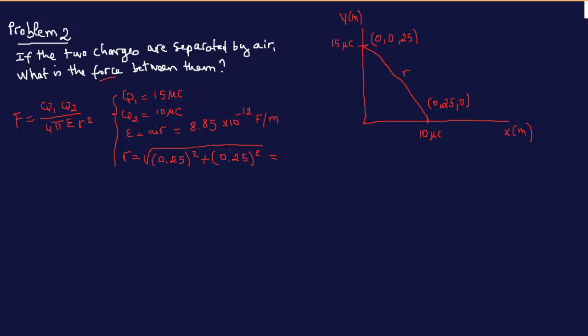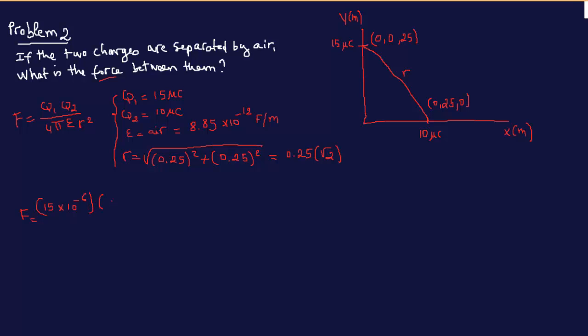So this is 0.25 times square root of 2. I could have just put the decimal answer in, but I'm keeping the square root of 2 to have the exact answer.